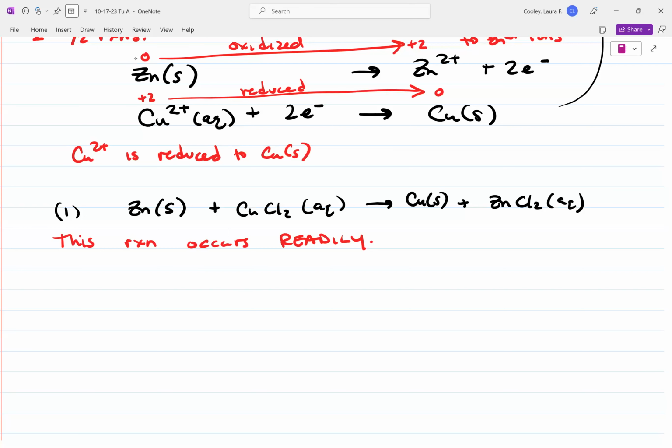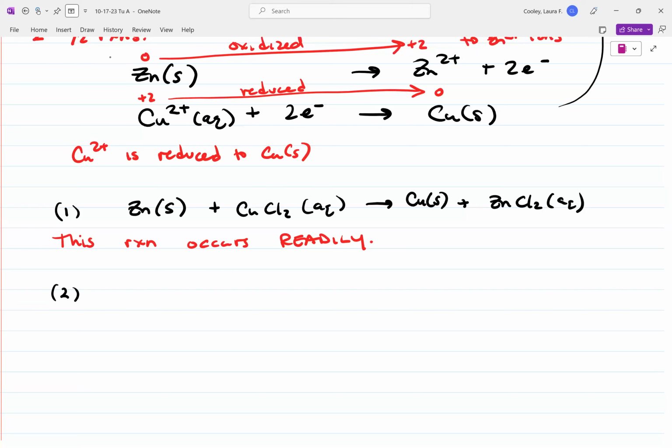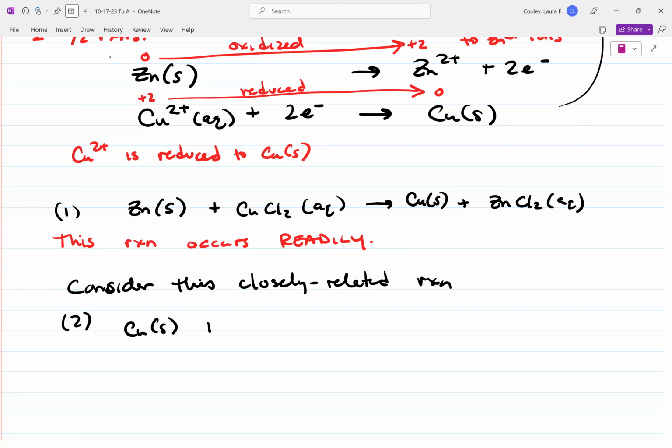Now I want to show you another reaction that's very similar. So let's consider this reaction, this closely related one. Copper solid plus zinc chloride goes to copper chloride plus zinc solid.